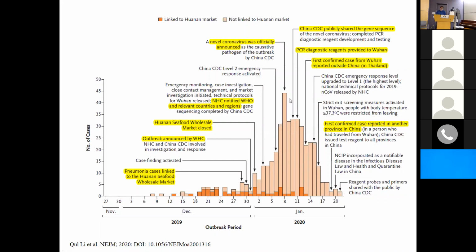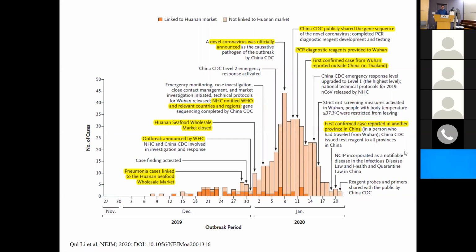So at the end of December, pneumonia cases were found to be linked to the Huanan seafood wholesale market in Wuhan. A few days later, an outbreak was announced. The market was closed. WHO was notified in early January. The outbreak of the novel coronavirus as the pathogen was announced on January 9.